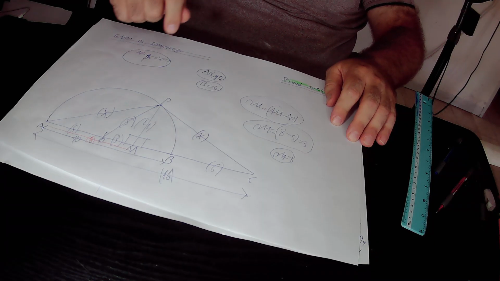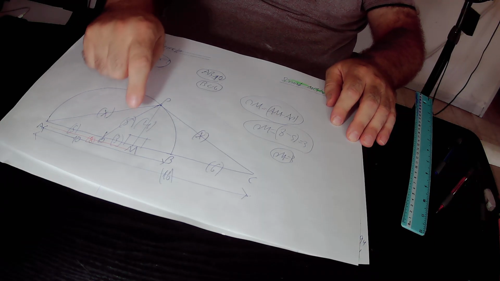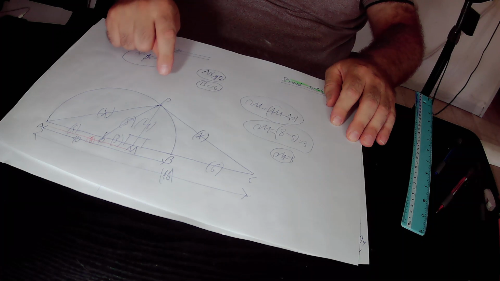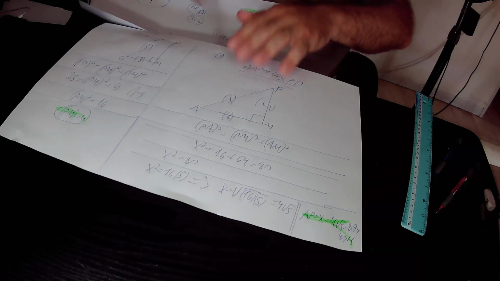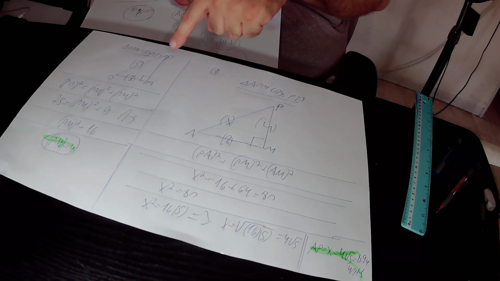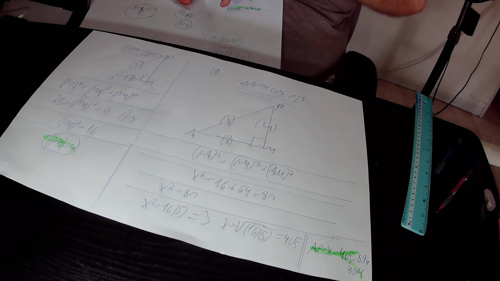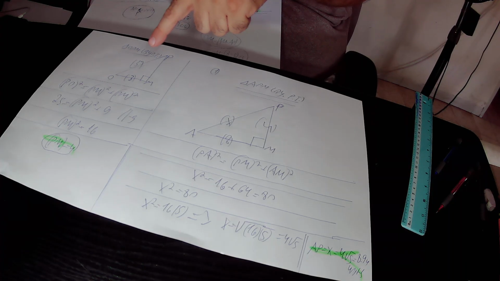In the next step, I copied the right triangle OPM onto a new page and applied the Pythagoras theorem. According to the Pythagoras theorem, PO squared, the square of the hypotenuse, equals PM squared plus OM squared.